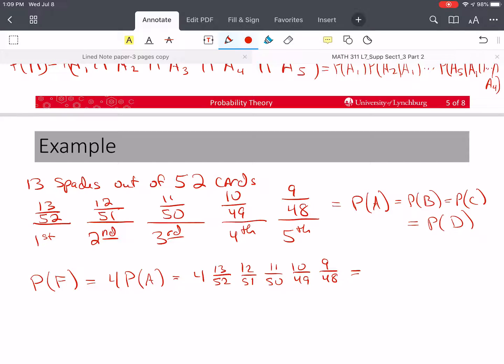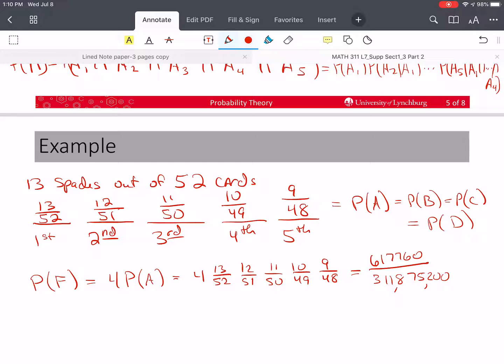So I'm going to take 4 times 13 times 12 times 11 times 10 times 9, and that gives me 617,760, divided by 52 times 51 times 50 times 49 times 48. And I'm only doing it this way so that you have the numbers in case you want to look back at this.